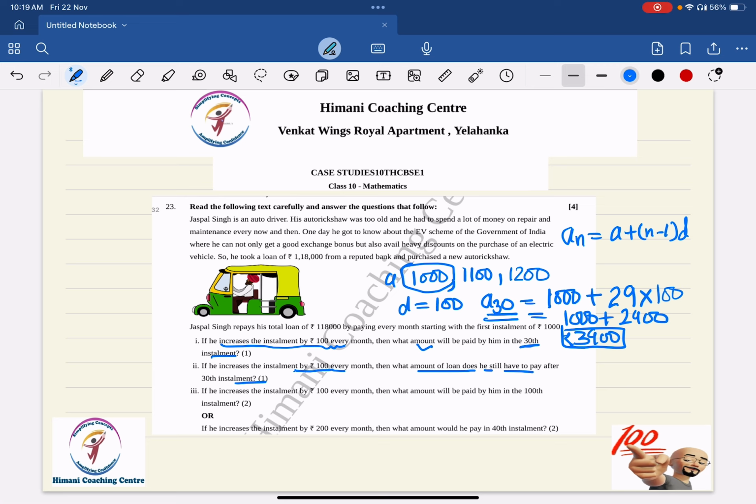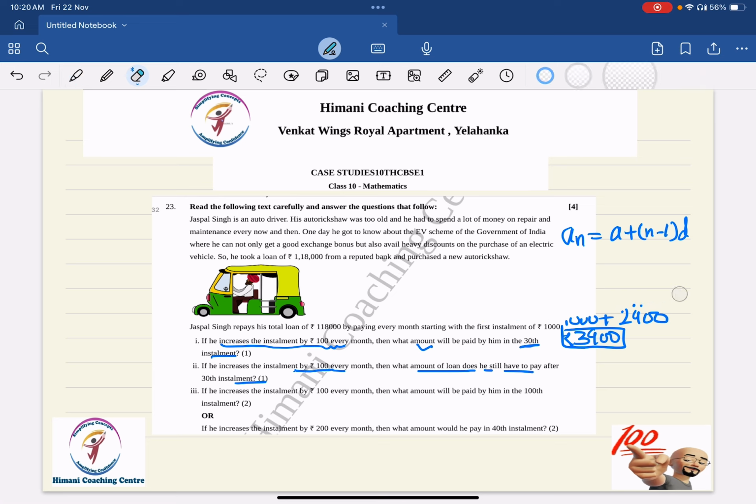So to solve this part, that amount of loan he still has to pay, first we should know how much loan he has paid by the 30th installment. That means we should know what is S30.